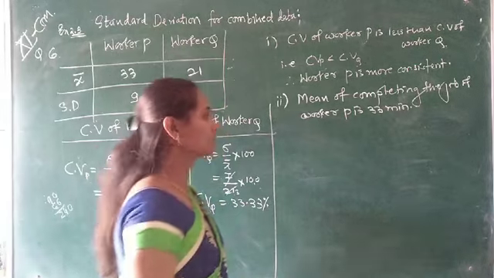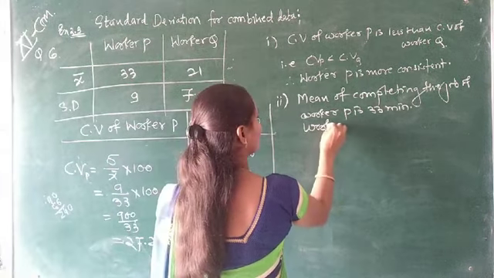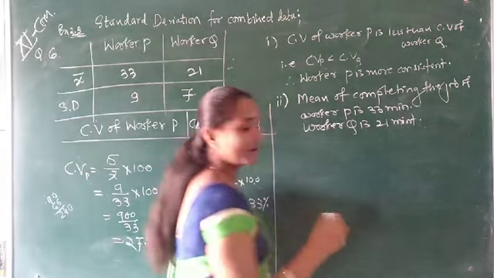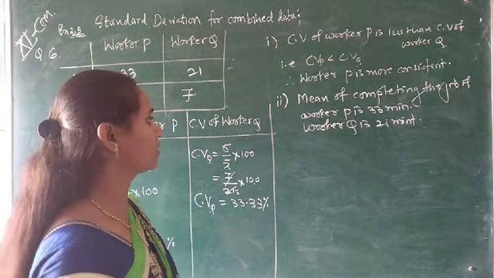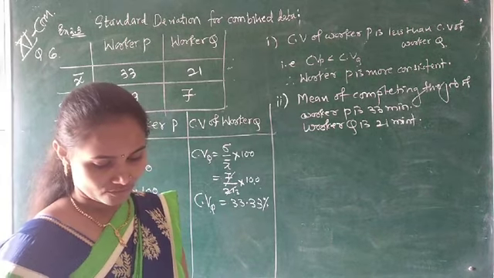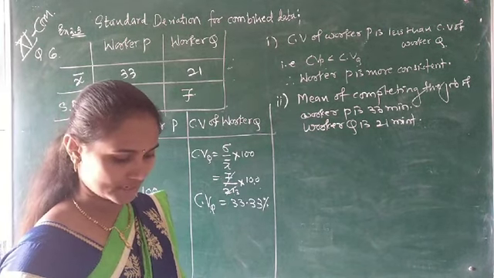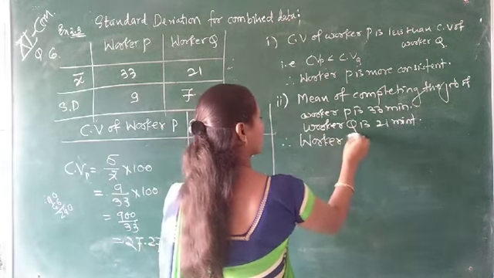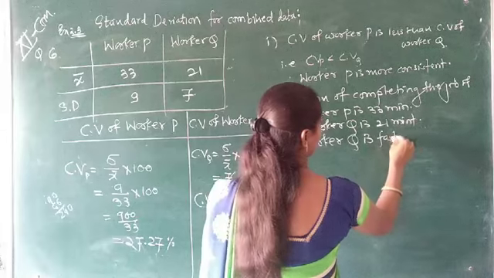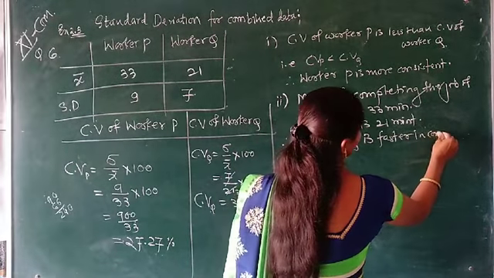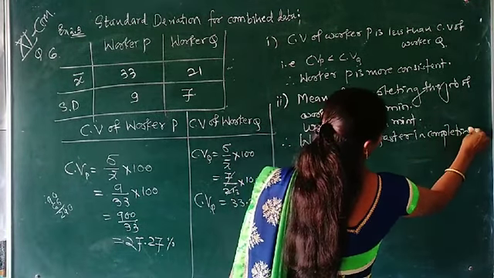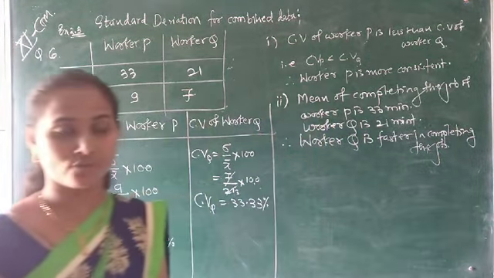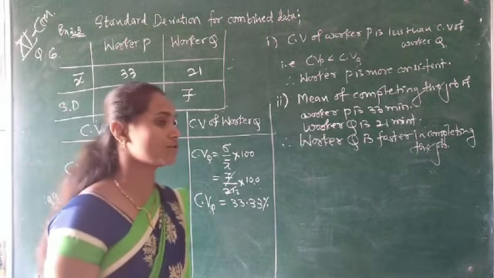How much time does worker P take? 33 minutes. And how much does worker Q take? Worker Q takes 21 minutes. That means who takes the least time? Worker Q. Therefore, worker Q is faster in completing the job. That means worker Q will complete the job faster than worker P.